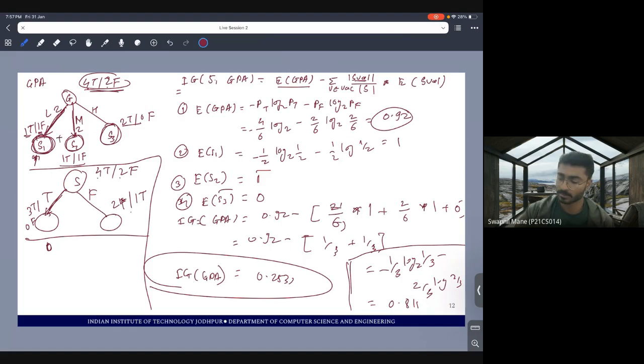Likewise, we do the summation over each split, and this is how we find the information gain for each attribute. If the information gain of an attribute is higher, we consider that attribute as the root node, or we split on that attribute first.